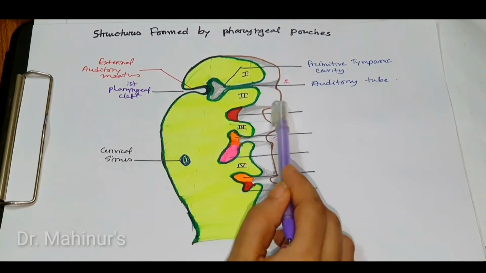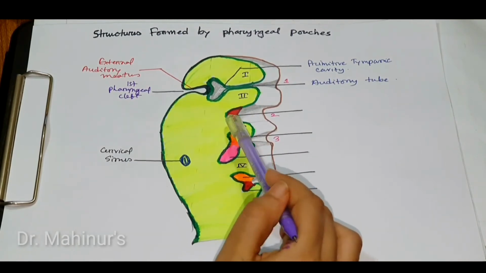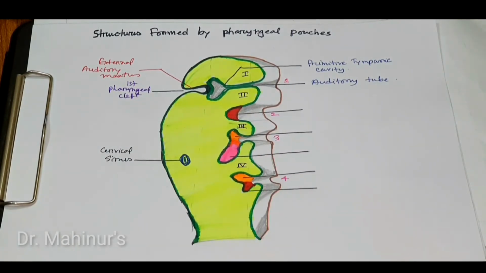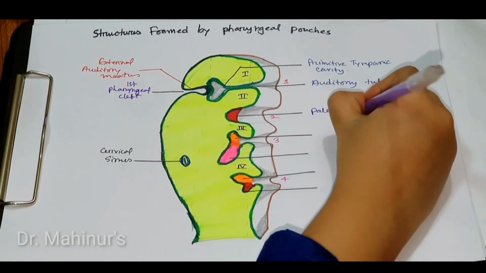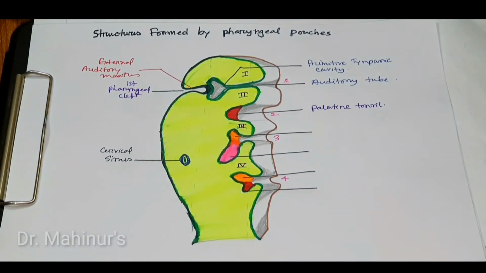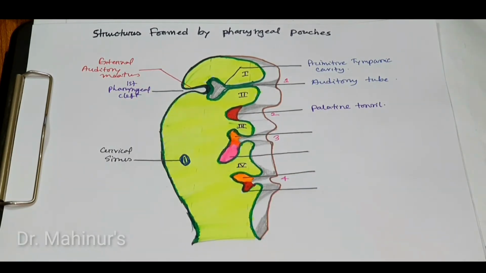The epithelial lining of the second pharyngeal pouch proliferates and forms buds that penetrate into the surrounding mesenchyme. The buds are secondarily invaded by the mesodermal tissue, forming the primordium of palatine tonsil. Now the third pharyngeal pouch.